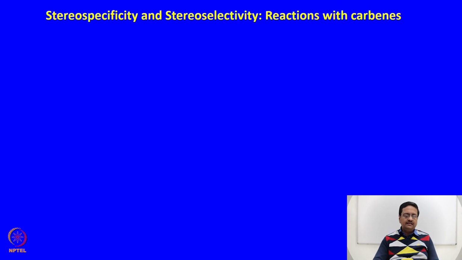Let us try to see the stereospecificity and stereoselectivity in some common reactions. So let us start with the reactions with carbene.